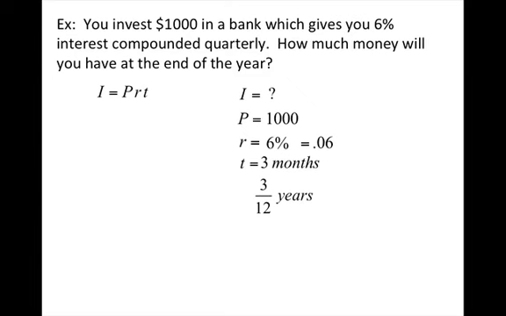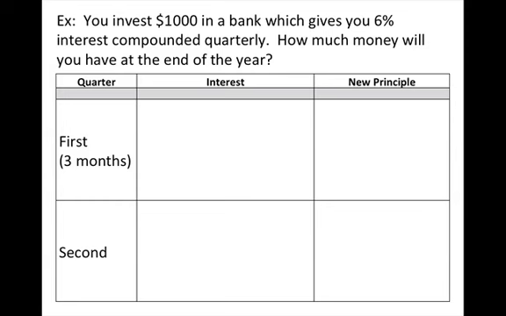So let's look at what happens in each quarter. So in my first quarter, which is just the first 3 months, my interest is I equals P times R times T. Well, the principal was $1,000. The rate was 0.06. And for the first 3 months, it's just 3 months out of the total 12 months in a year.